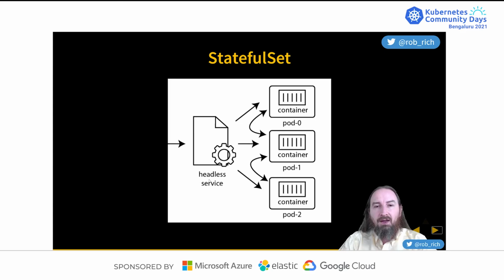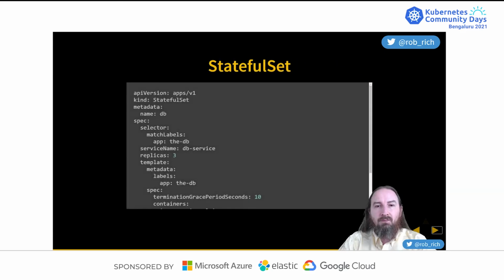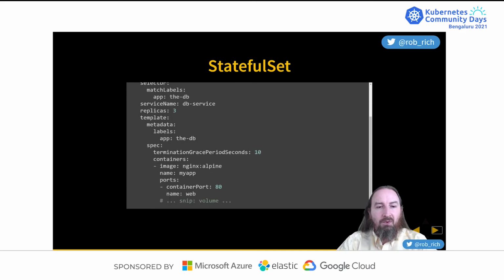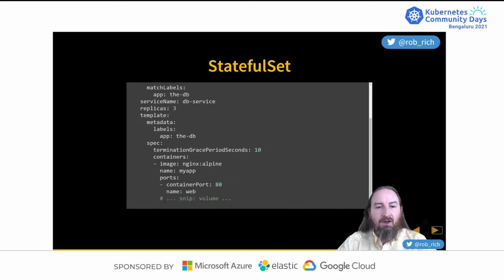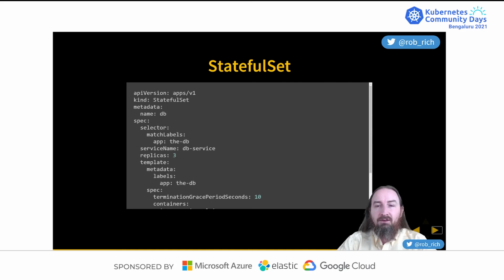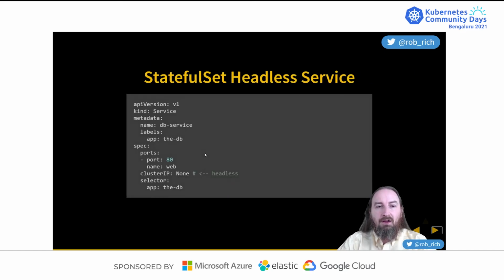Now I do have a headless service. Here's a stateful set, and it's pretty much a deployment. We can see that we have a template that has all of the container details, and those are as we would expect. The only difference from a deployment is that it is a stateful set and that we're specifying this headless service name. Now that headless service then here is pretty much a regular service.